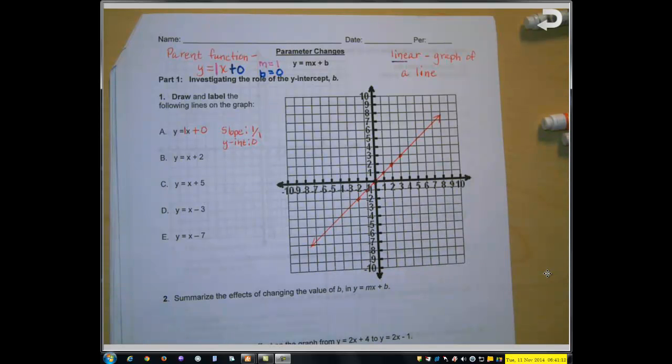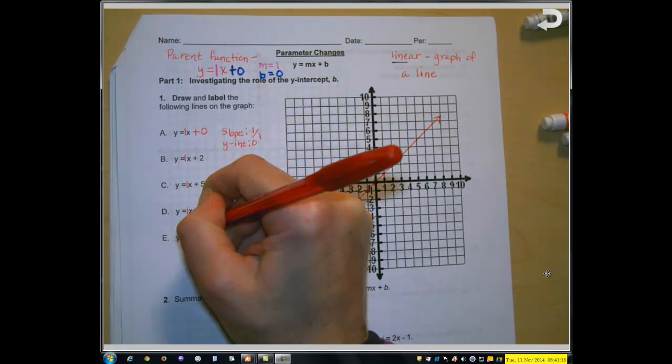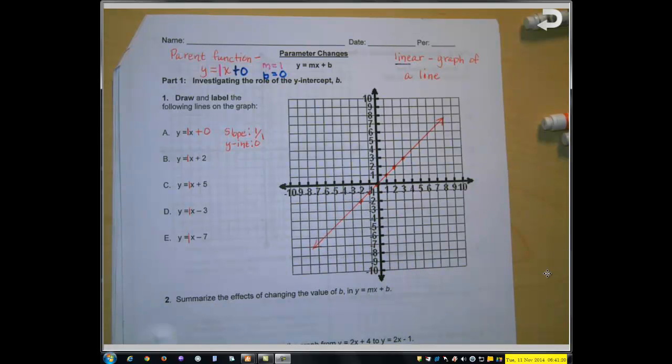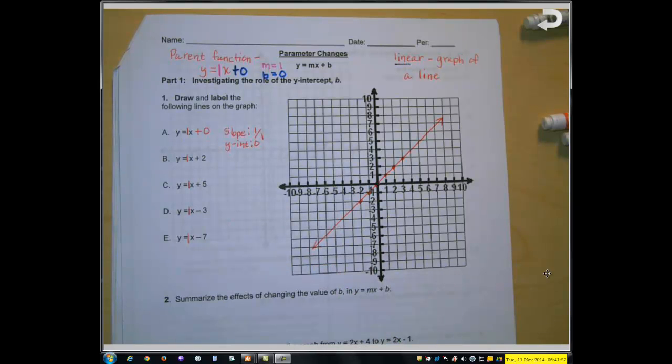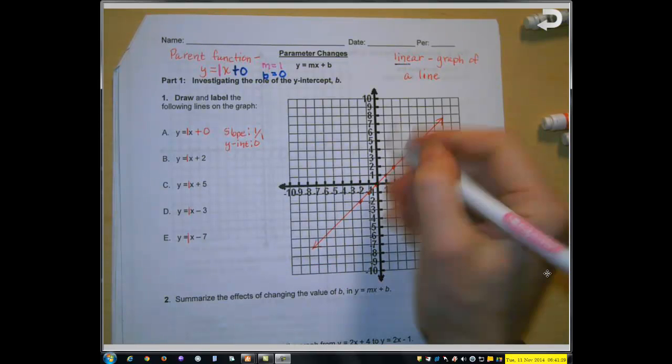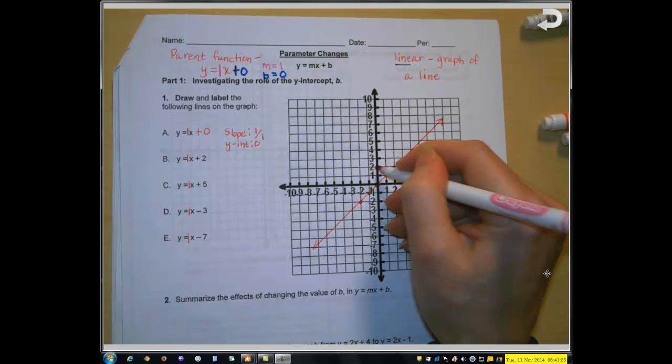Okay. Now we're going to keep the slope the same in all of these equations, but we're going to make some changes to the y-intercept. So now we're going to have a y-intercept of 2 and a slope of 1. So here's a y-intercept of 2 and then a slope of 1.